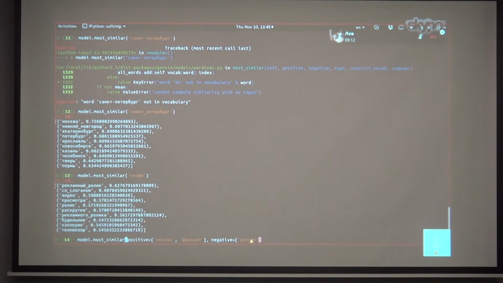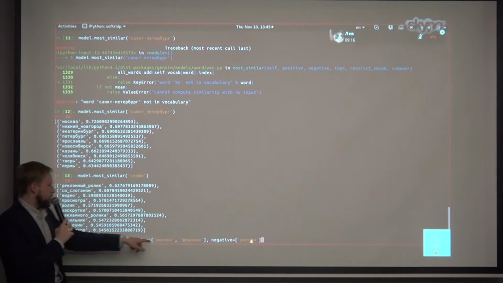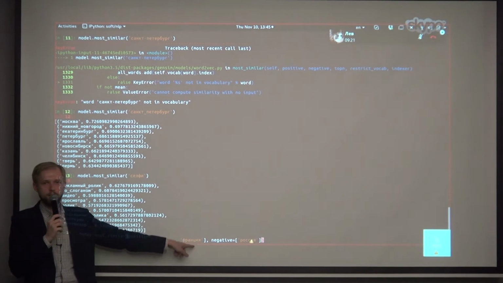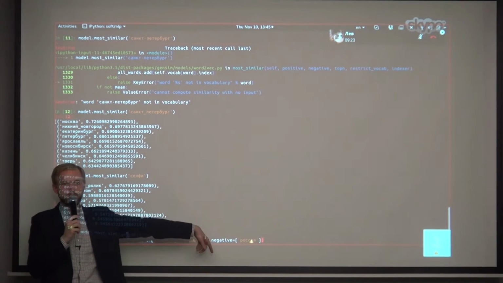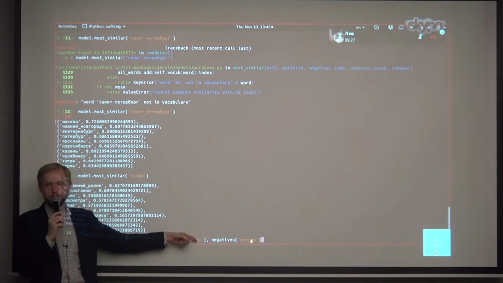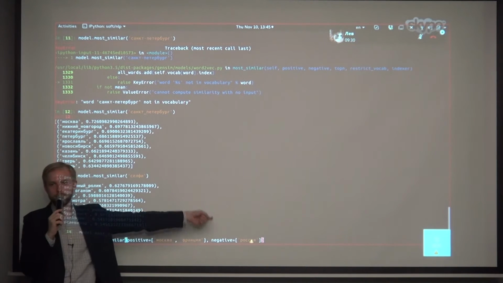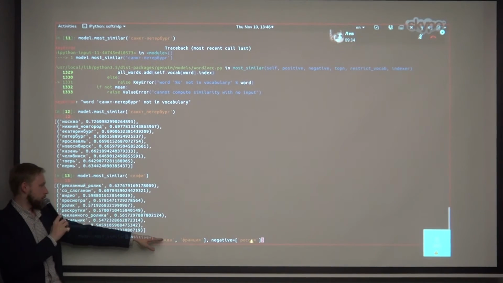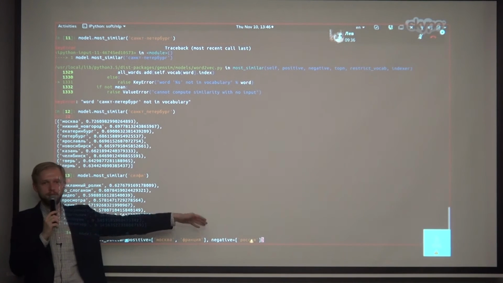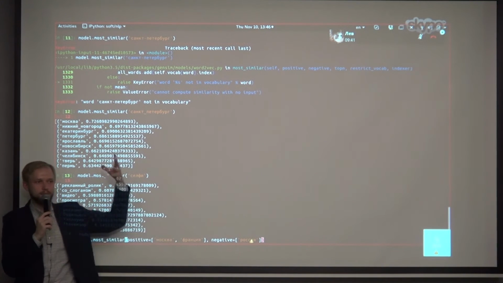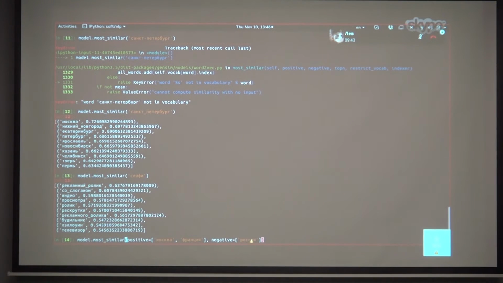So basically, I'm asking the model the following question: what happens if I take the vector for Moscow, add the vector for France, and subtract the vector for Russia? What relates to France in the same way as Moscow relates to Russia? It's like Moscow minus Russia equals something minus France. What is the something? Let's hope it works.